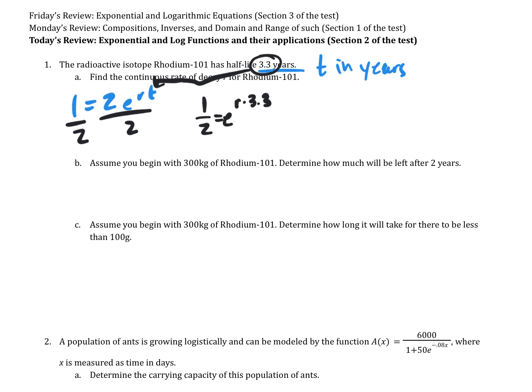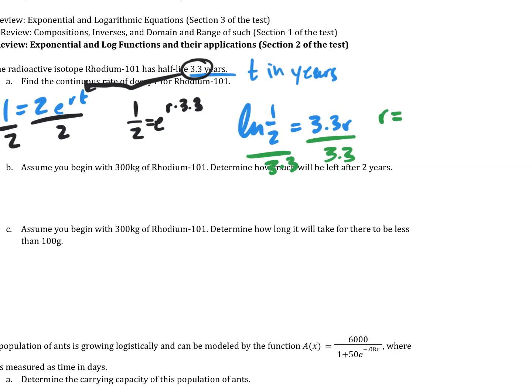So now I have to natural log both sides, and I say ln 1/2 equals 3.3 r, divide both sides by 3.3, and I get my r. So r equals negative 0.2100445. I'm using a bunch of decimal places there for precision's sake. That'll be helpful for us.